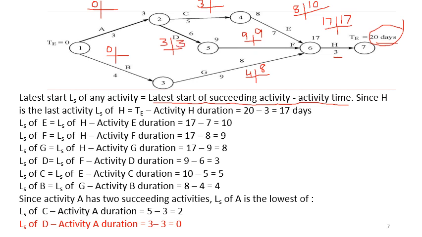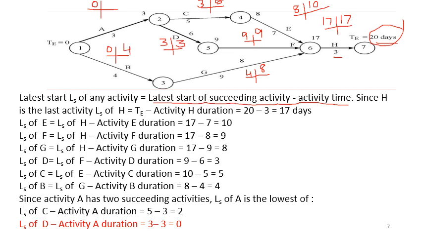Similarly, the latest start of C will be 10 minus 5, that will be 5. Similarly, the latest start of B will be 8 minus 4, that will be 4.